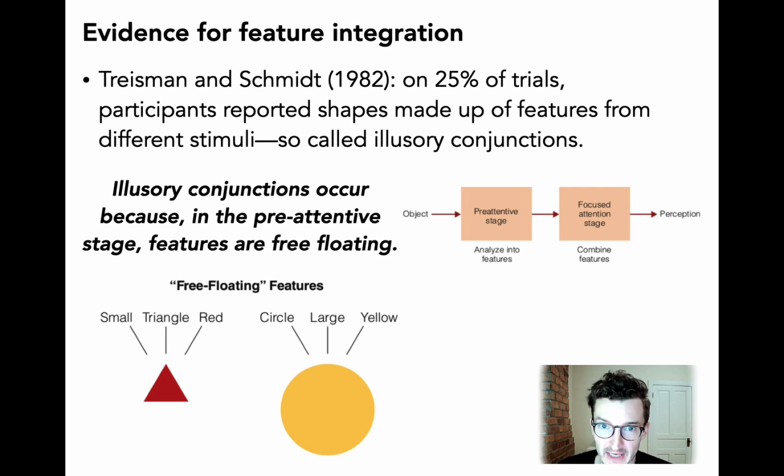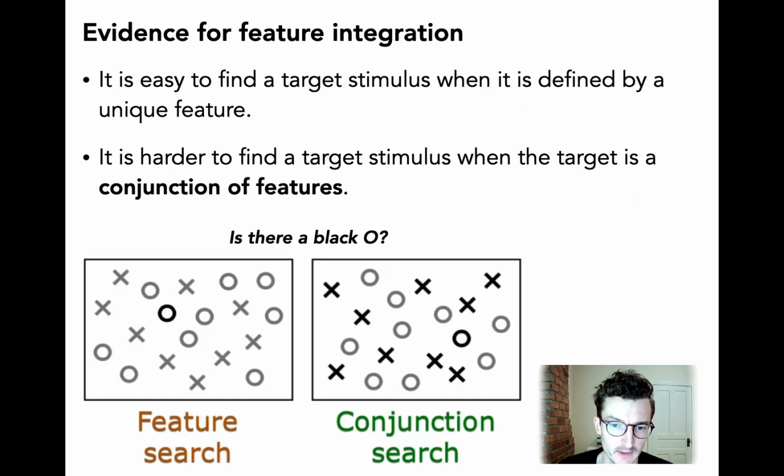What other evidence do we have for feature integration and the idea that attention helps us solve the binding problem? Well, we have some evidence from what's called conjunction searches. And so if you're looking at an array of objects, it's really easy to identify an object that differs from the other objects by one single feature.